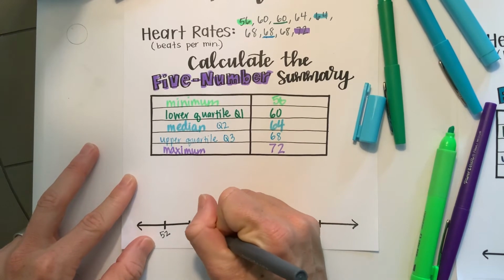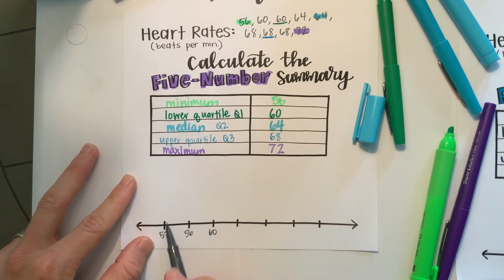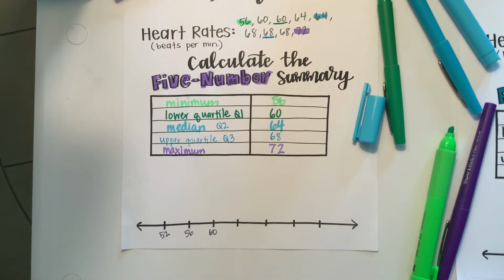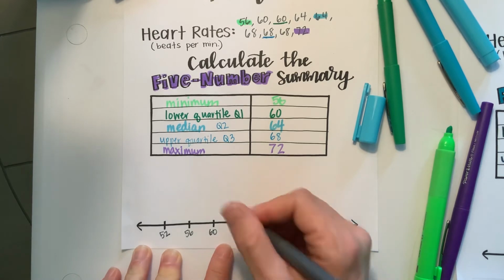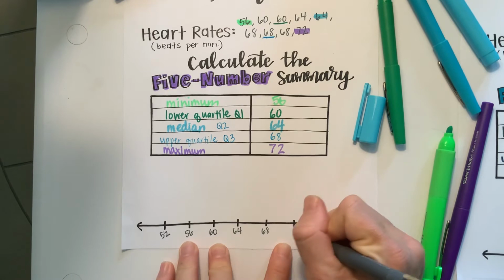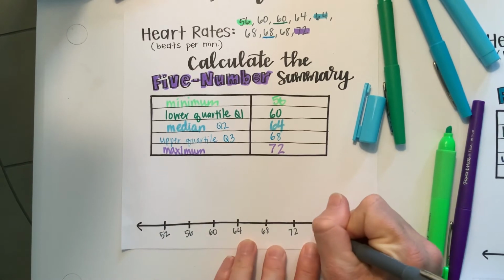You may need to have your increments be slightly different. They might be increments of 1 or 5 or 3, depending on what your numbers are and how big you want your axis to be. You just need to make sure your intervals are consistent. 60, 64, 68, 72, and 76.